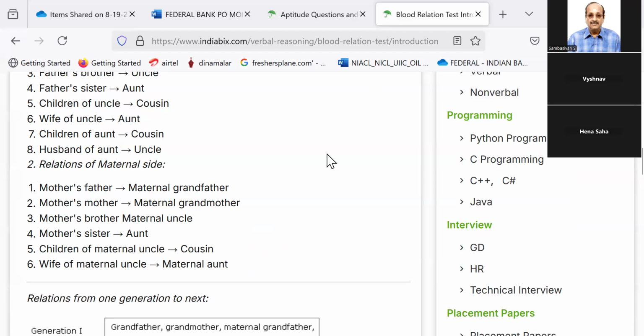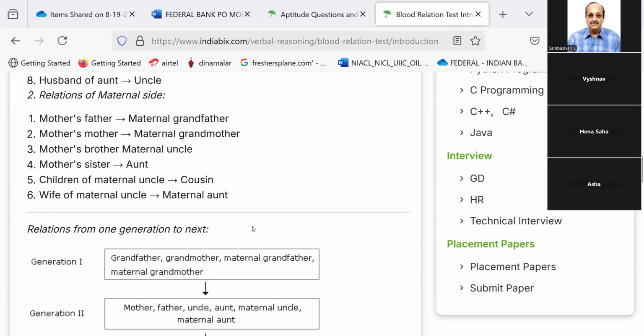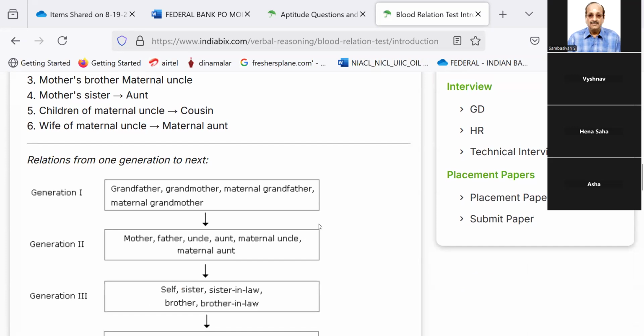Children of aunt also cousin. They have omitted to give that here. Maternal cousin. Relations from one generation to next. Please read. Generation 1, grandfather, grandmother, maternal grandfather, maternal grandmother.